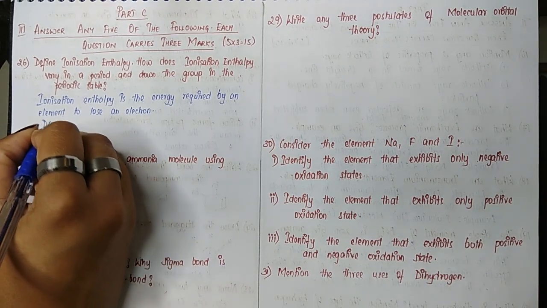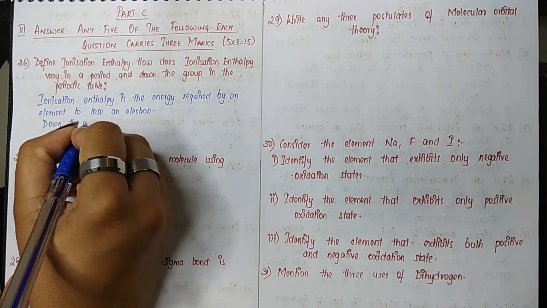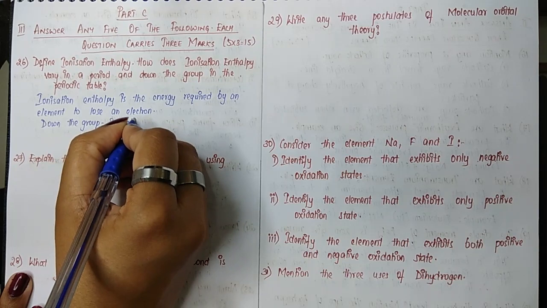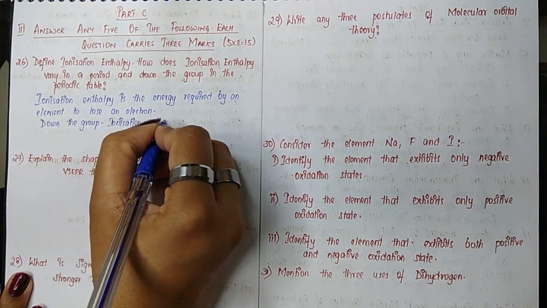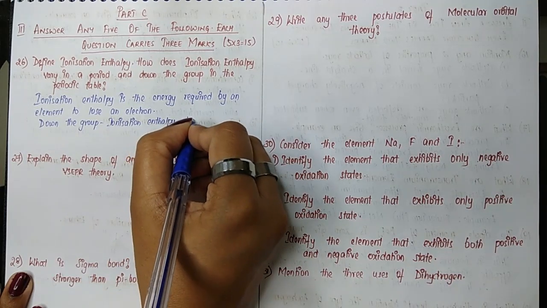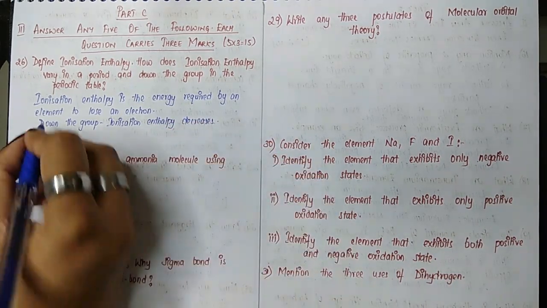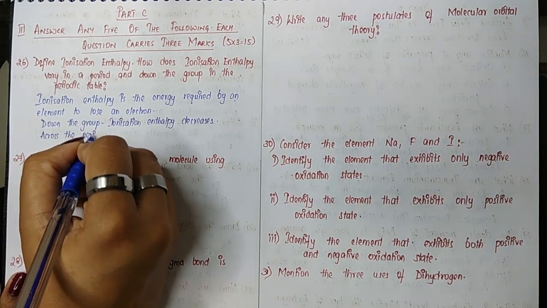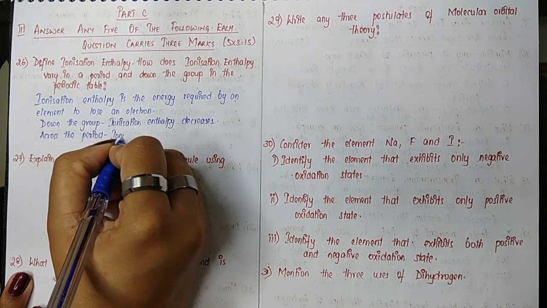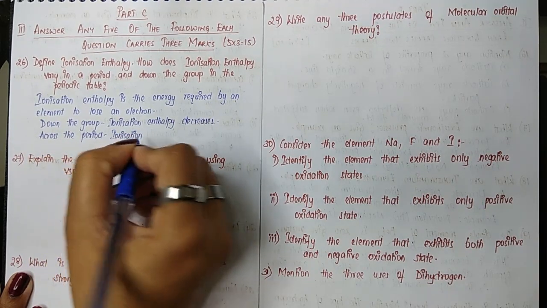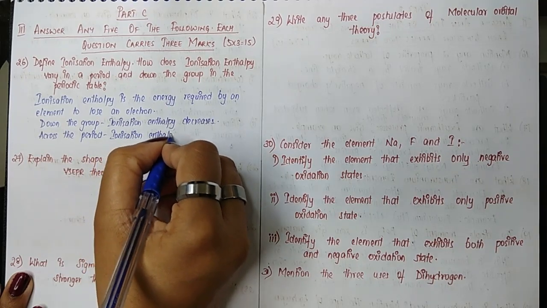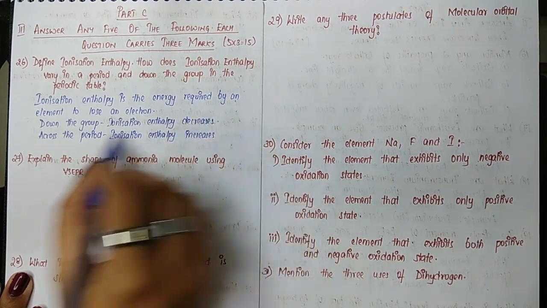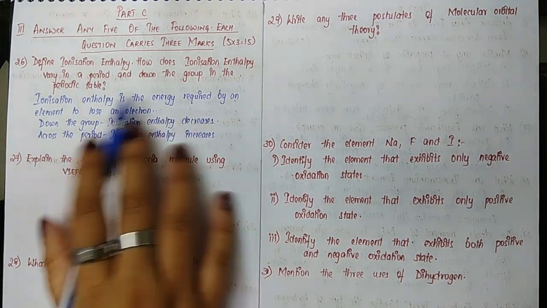So you can write down the group ionization enthalpy decreases and across the period ionization enthalpy increases. So 1 mark for definition, 1 mark for group and 1 mark for period. So it's a 3 mark question.